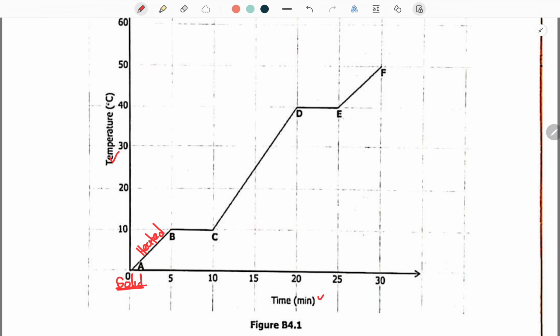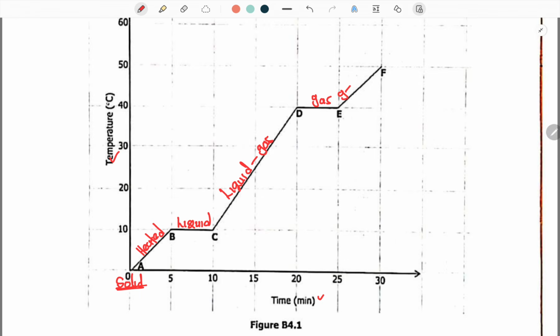Here it is being heated, right? Here it becomes liquid. Here it becomes liquid, but it's also boiling. Here it's a gas, very hot.